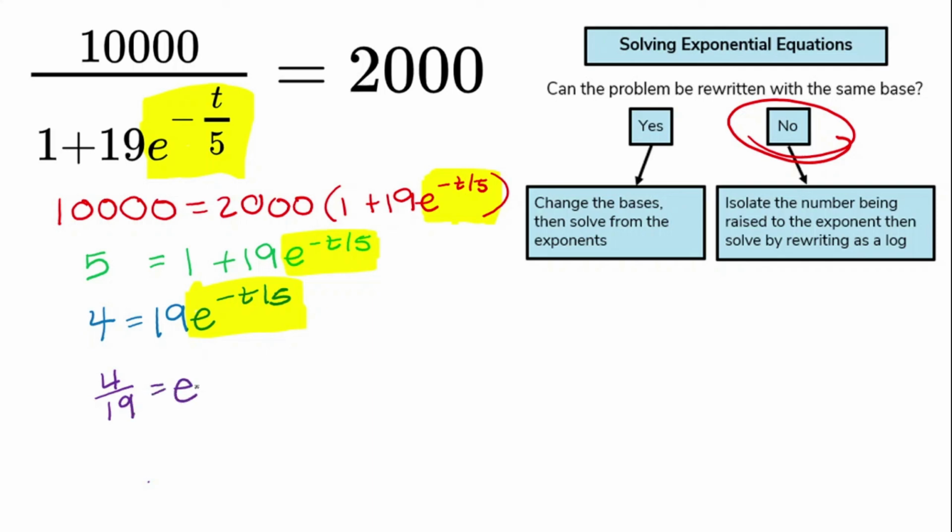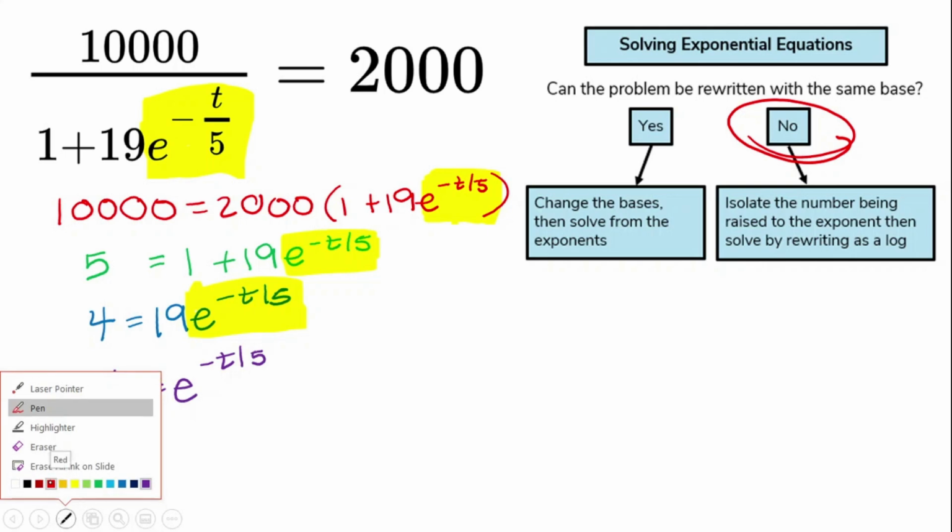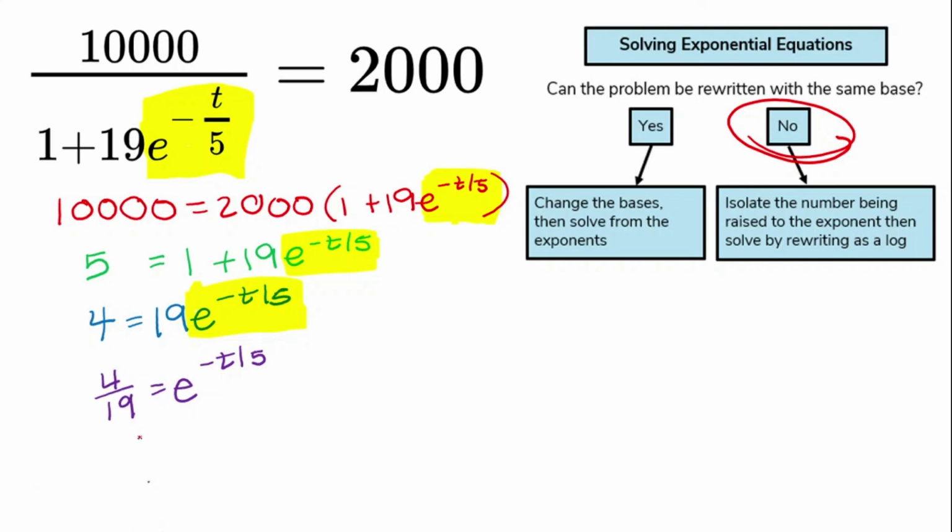All right, so now we have it where we need it to be, and we just rewrite as a log now. I told you guys about this E last time I saw you. Anytime you see that E, instead of writing log, you're going to write ln for natural log because the base of natural log is E. All right, so we've rewritten it.